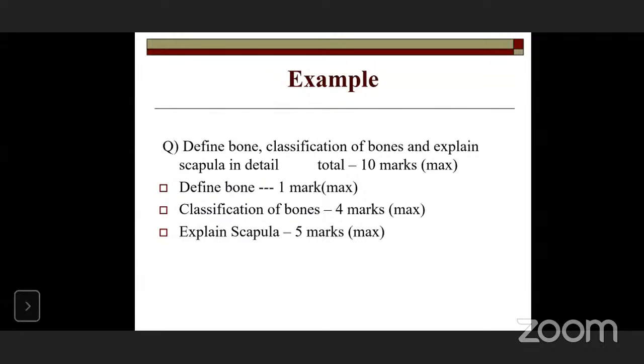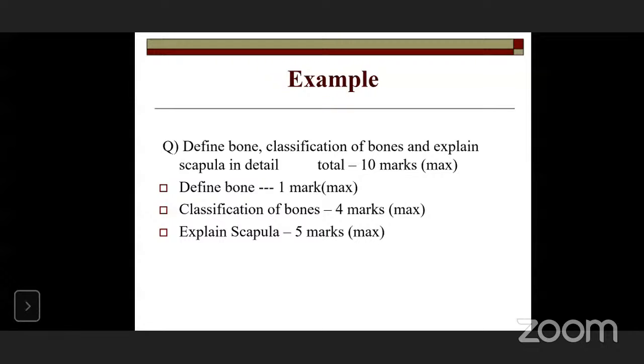Many people write 4 pages, 5 pages, but still get only 2 or 3 marks. Why? Because someone wrote the definition of the bone, missed the classification of the bones, and directly explained the scapula. Then you miss the classification marks, and your marks are reduced to only 6 out of 10, because 4 marks were allotted for the classification of the bones, which you did not attempt.